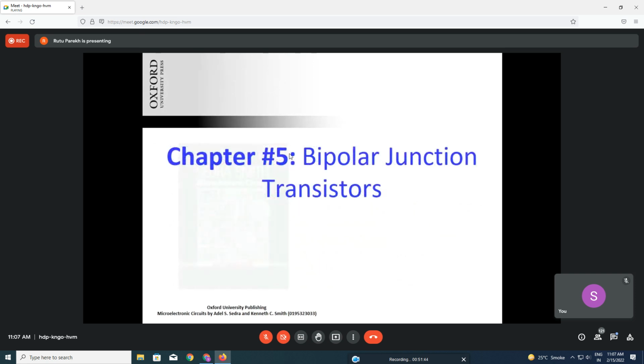So the next chapter is bipolar junction transistors. And now we are with the transistors. A diode's main application is as a rectifier and voltage regulator. Your LEDs are diodes, so even your bulbs work on this principle.